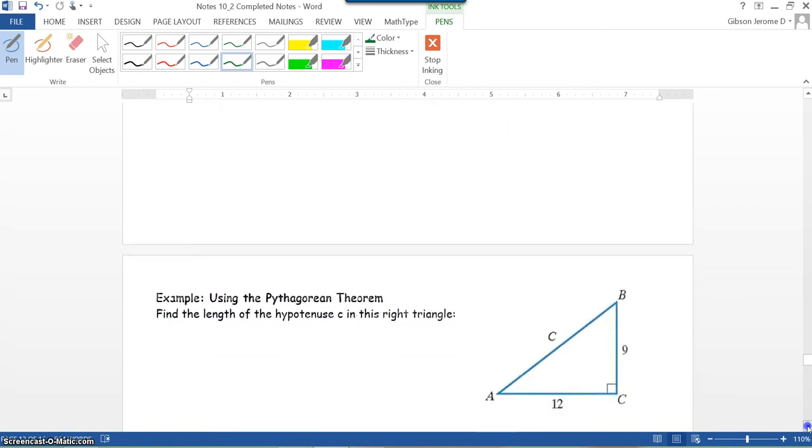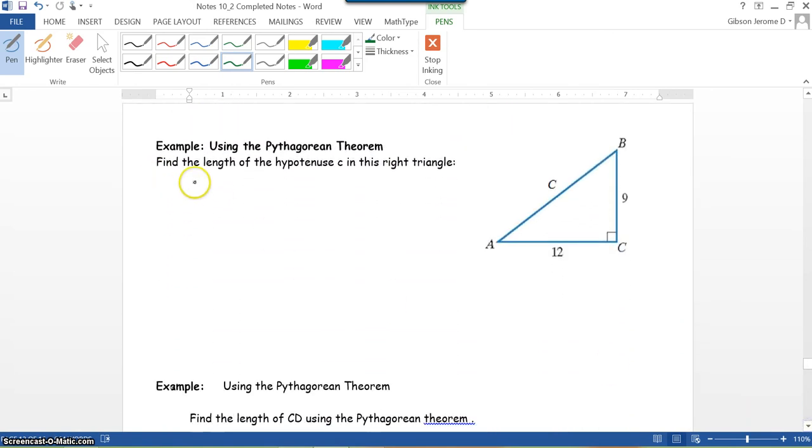Now, it says example using the Pythagorean theorem. Find the length of the hypotenuse c in the right triangle. So what you would do is you would have a squared plus b squared is equal to c squared, because we want to find c. Now the sides are directly opposite their angles.